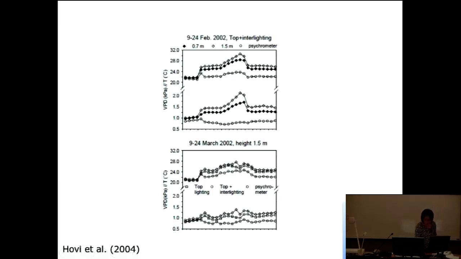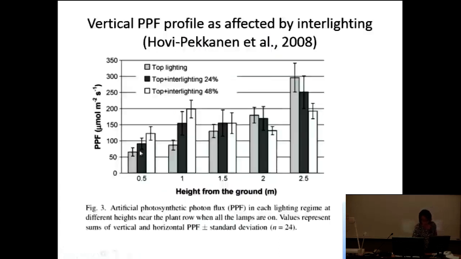And then this one is probably more interesting. This is a light distribution. The x-axis is the height from the ground. So this is the lowest part, and then this is 1 meter above, 1.5, 2, and 2.5. And this is showing the light intensity.